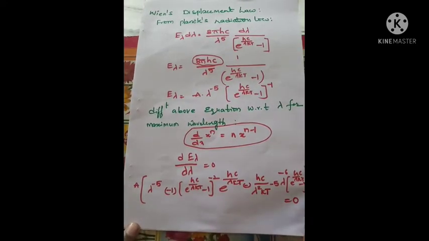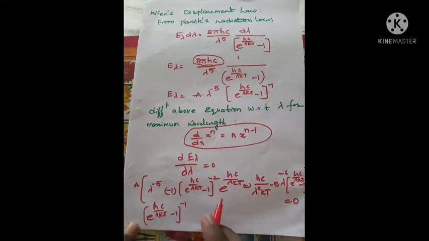Okay, now from this equation let us take common. Here we have minus 1, so I'm taking common e to the power of hc by lambda kt minus 1, whole to the power of minus 1. And you know that A is constant, so that is sent to the right side and it becomes 0.